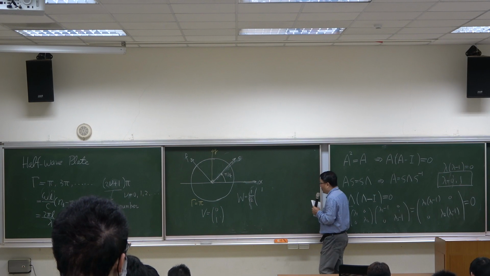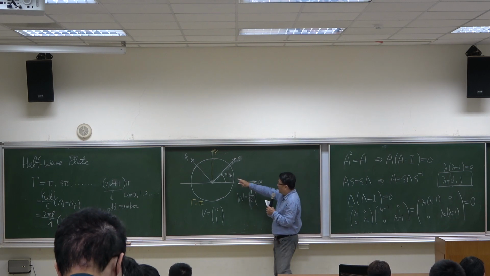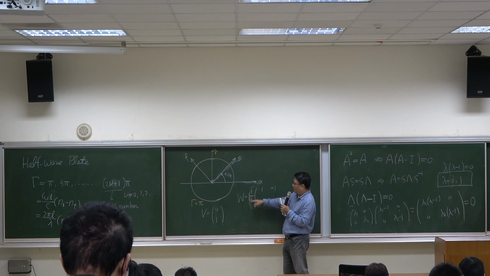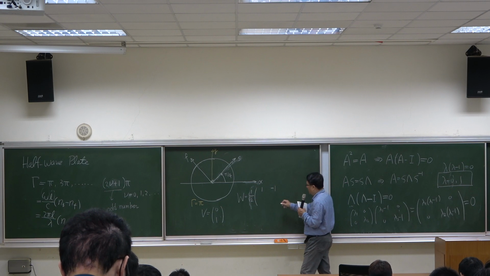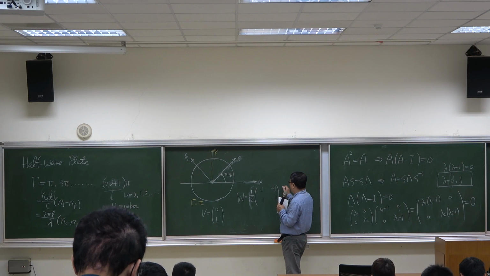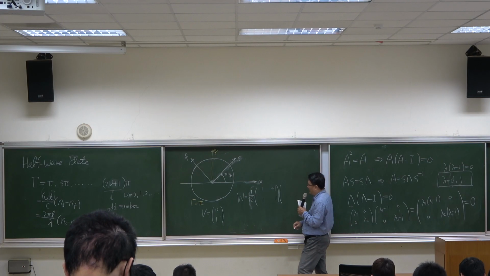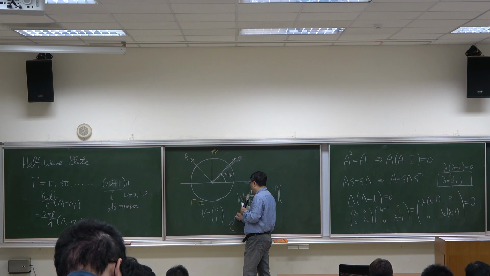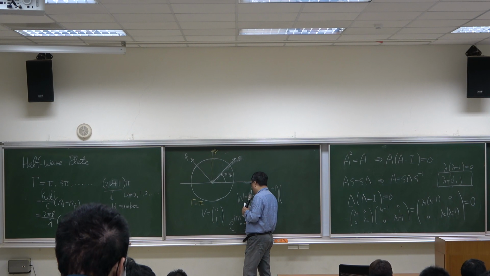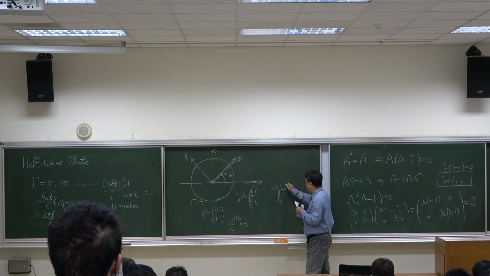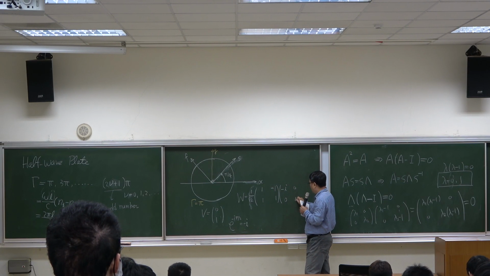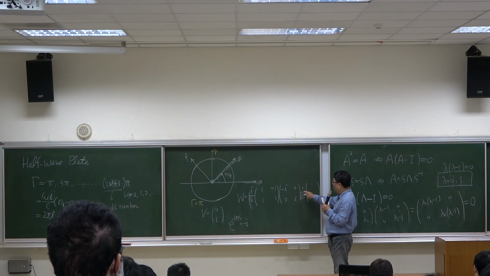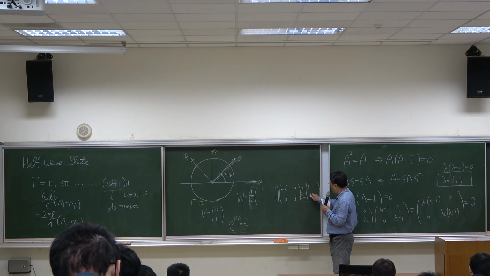So here we have 1, and minus sine psi, here we have minus 1 over square root 2, and 1, 1. And what is W0? W0 is exponential of minus i pi over 2. This is minus i, 0, 0, and here is i. And R of psi is equal to 1 over square root 2 times (1, 1; minus 1, 1).